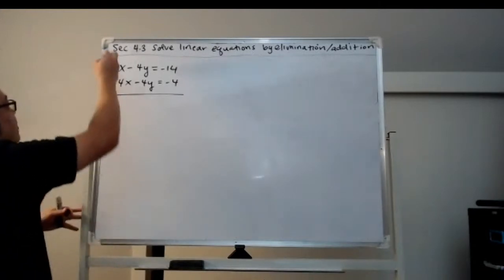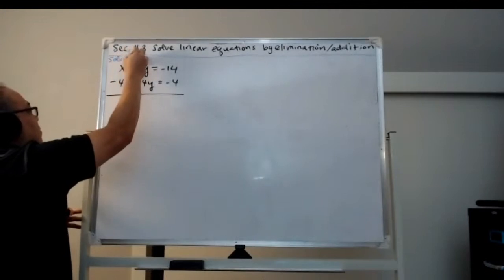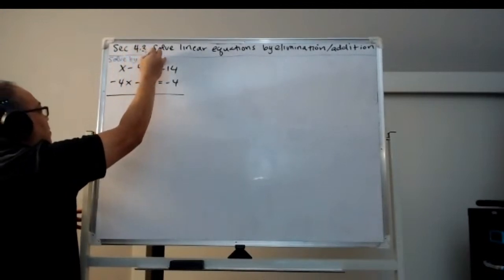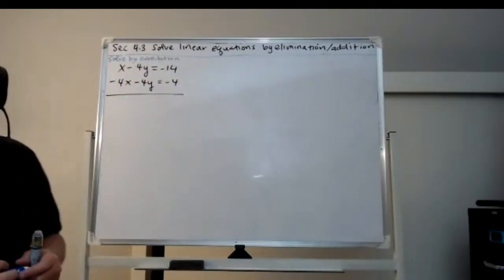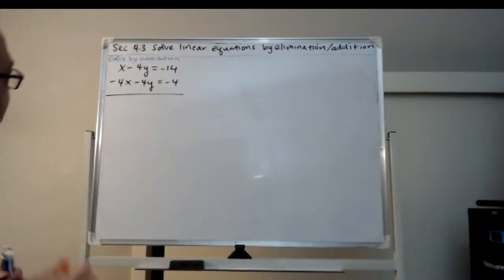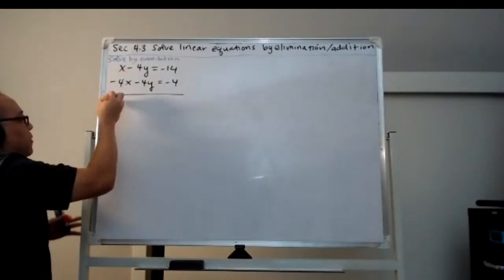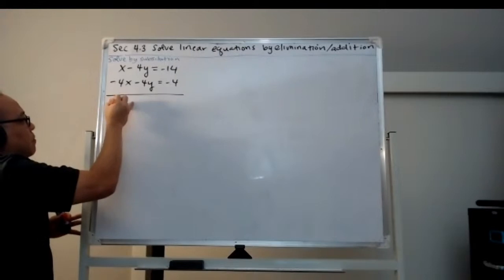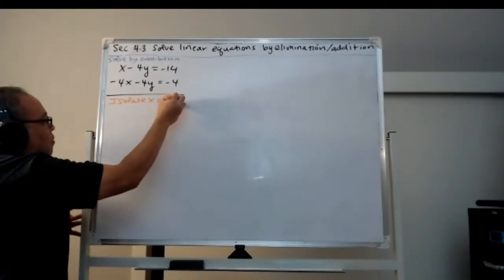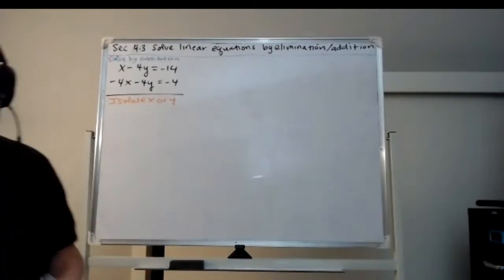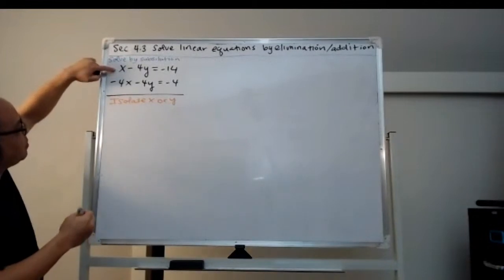So what I'm going to do here is solve by substitution. And we said that when we solve by substitution, we're supposed to isolate a variable. So let's isolate this one right here.